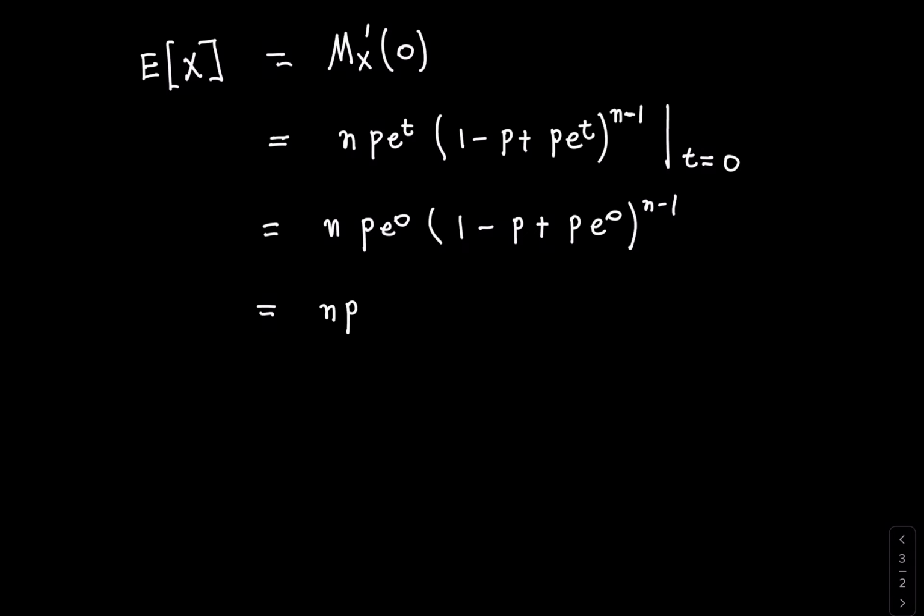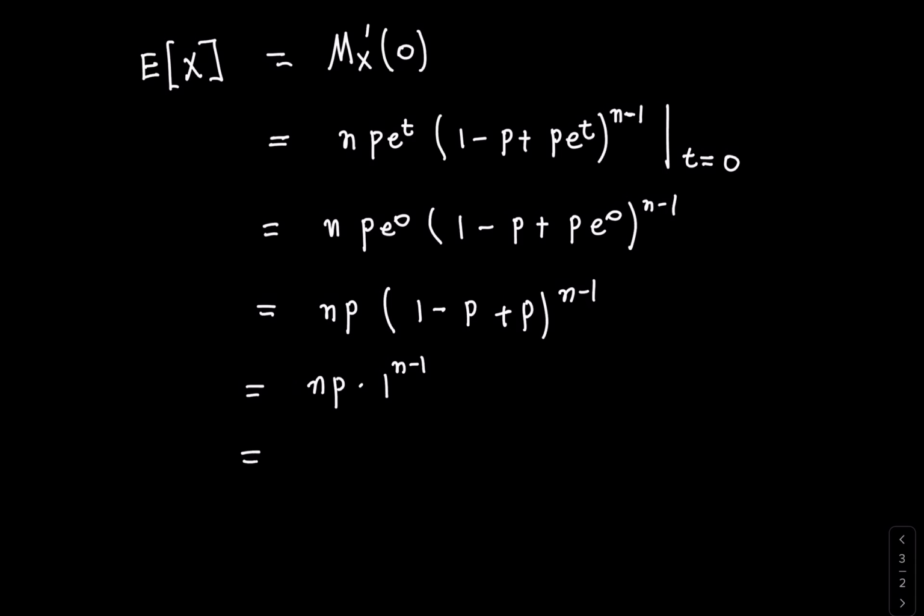So you've got np, 1 minus p, and then here you've got p times 1, so it just becomes plus p to the power of n minus 1. After a bit of simplification, this just becomes np times 1 to the n minus 1. And we know that 1 to the power of anything is simply equal to 1, so we're left with np.